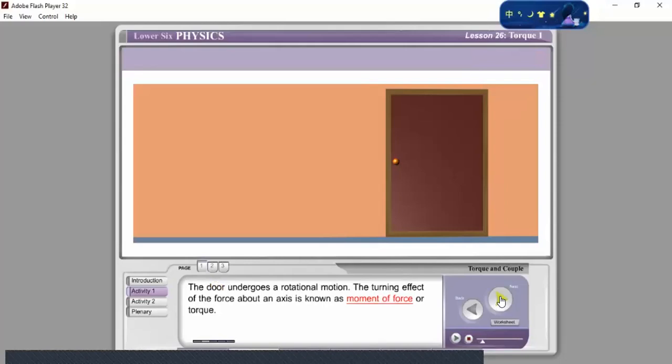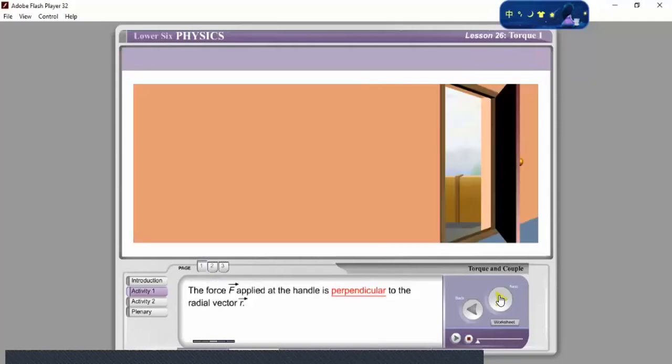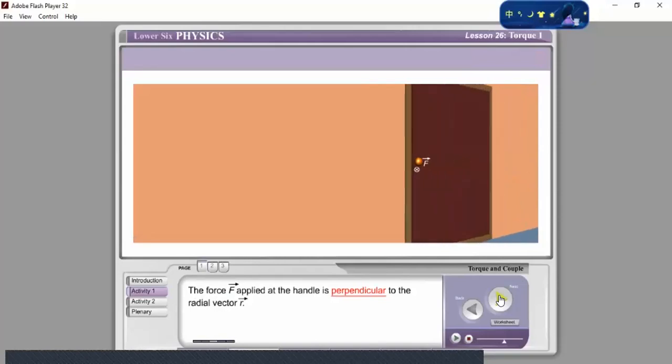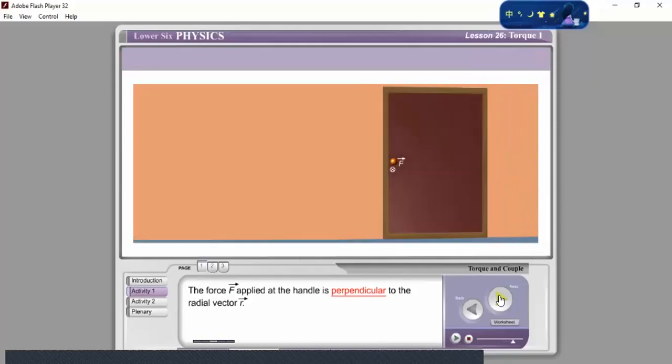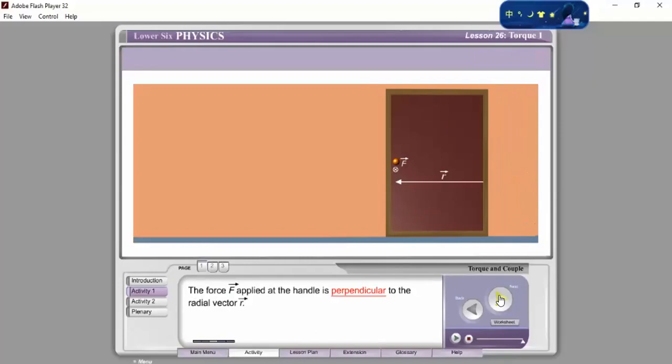The door undergoes a rotational motion. The turning effect of the force about an axis is known as moment of force or torque. The force F applied at the handle is perpendicular to the radial vector r. Here, the turning effect of the force about an axis can be defined as tau equals Rf.